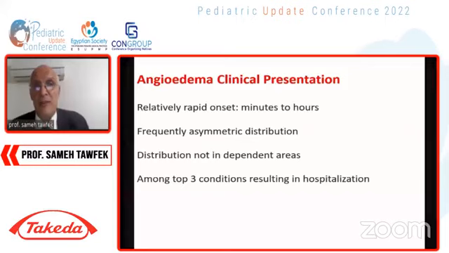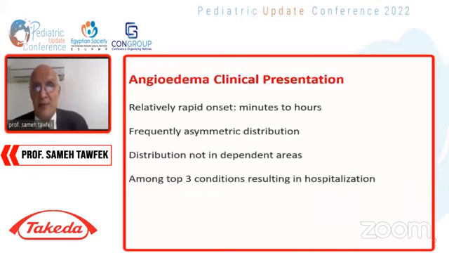Angioedema. What is the clinical presentation of angioedema? Angioedema has a relatively rapid onset, starting within minutes to hours, frequently asymmetric in distribution. Distribution is not in the dependent area.